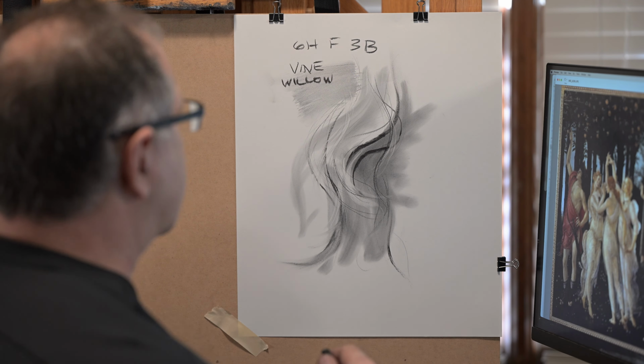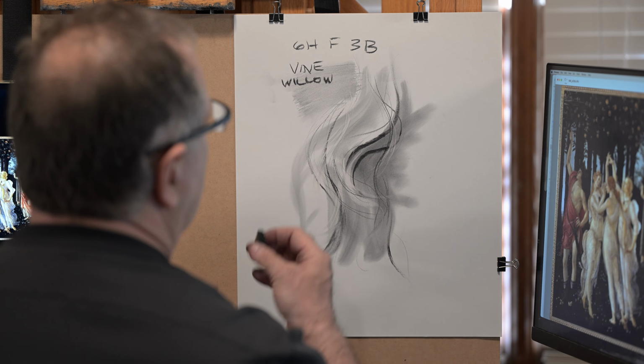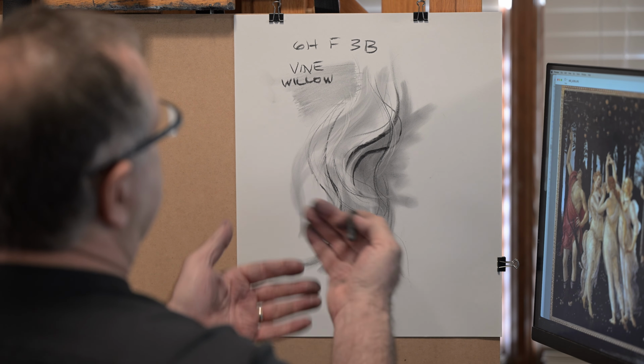Lastly, the beast of beasts would be some kind of litho crayon, and I think this is just an inexpensive oil pastel. Now, oil pastel is nothing more than oil paint with wax in it, and the more filler and wax decides the grade of how inexpensive it is. But look at the mark it's going to make. It's not going to go with charcoal, so I don't like to always mix mediums.